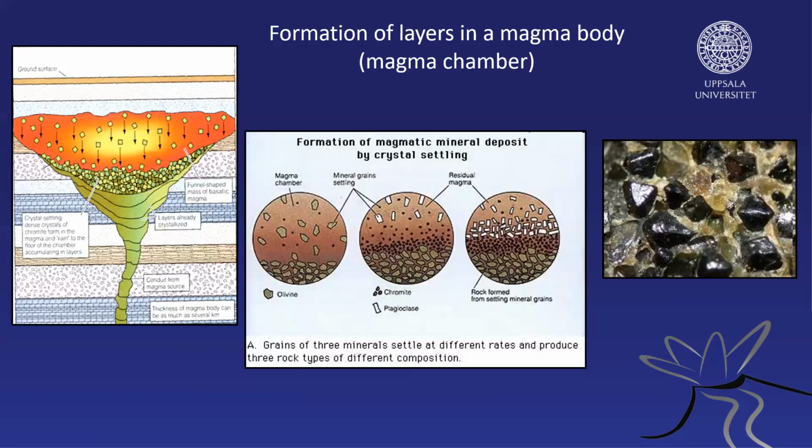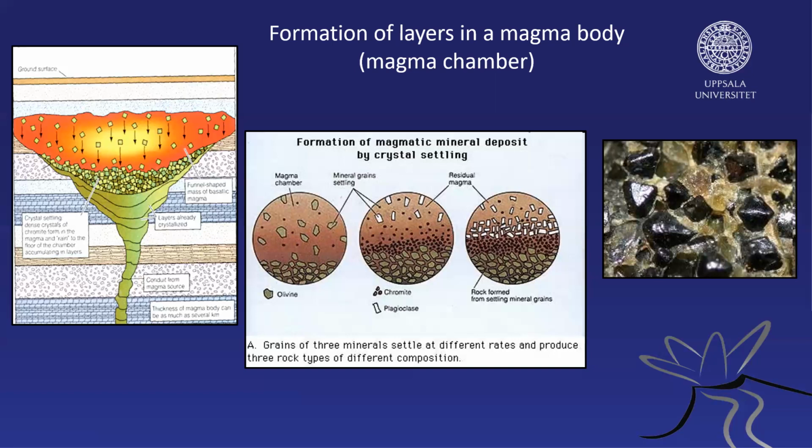Yes. Nature is very complex because you have formation of layers. Sometimes they can... how to put it simply? Well, the magma chamber is a mush. You have liquid, but you have also solid.